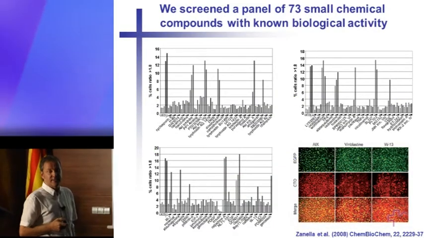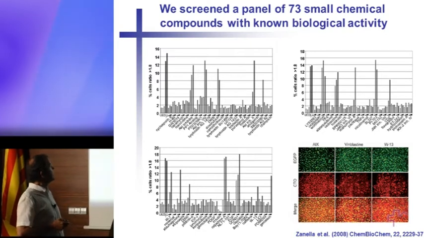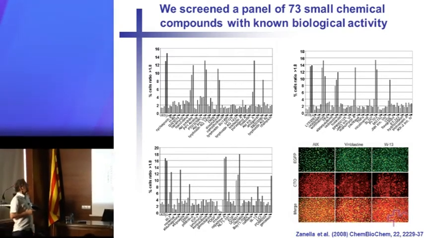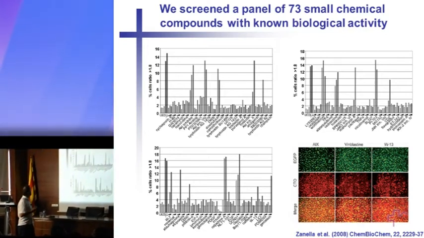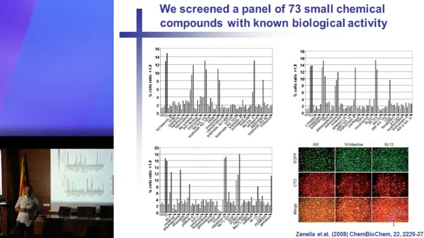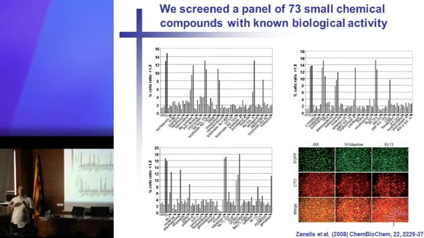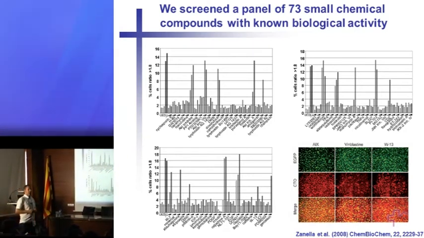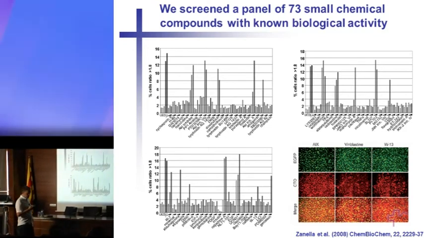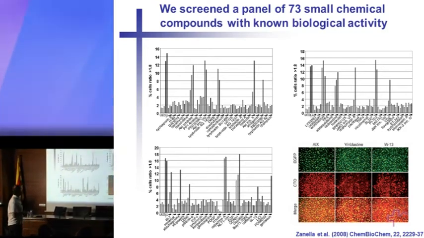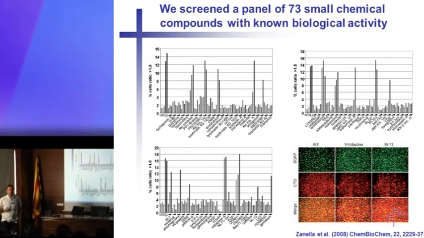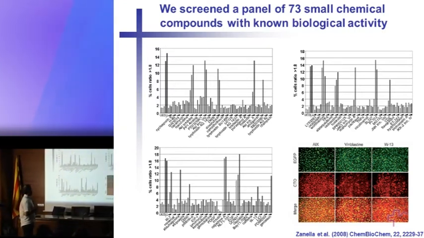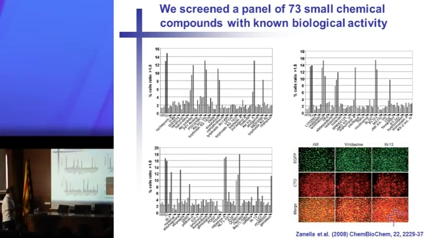independent target discovery projects. So what we first did is we screened a panel of 73 small molecule compounds with known biological actions. This means that we knew what these compounds do. We knew the molecular target of these compounds, and we did this in 3 different concentrations to really hit also the best IC50 values.